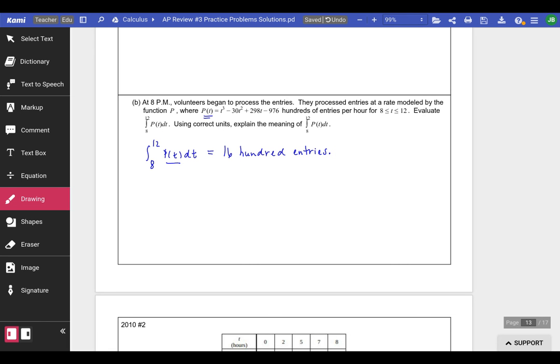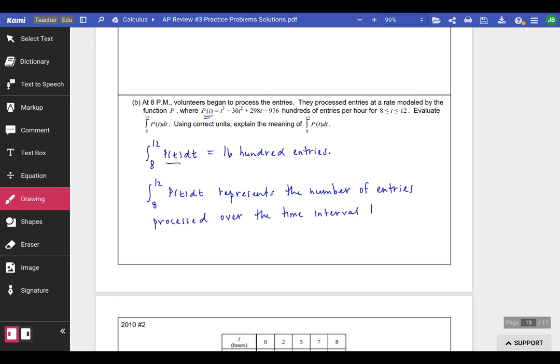For my explanation, I would say the integral from 8 to 12 of P of t dt represents the number of entries processed over the time interval from t equals 8 to t equals 12, and the units there were hours.